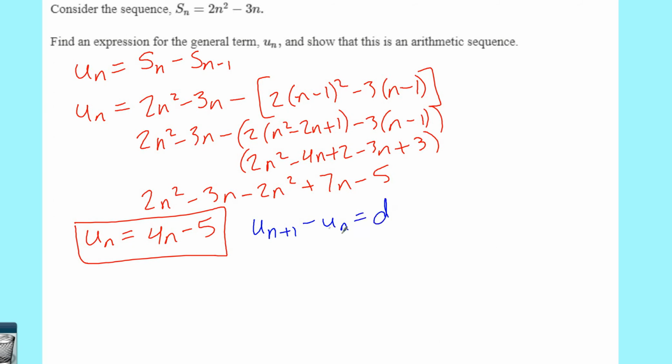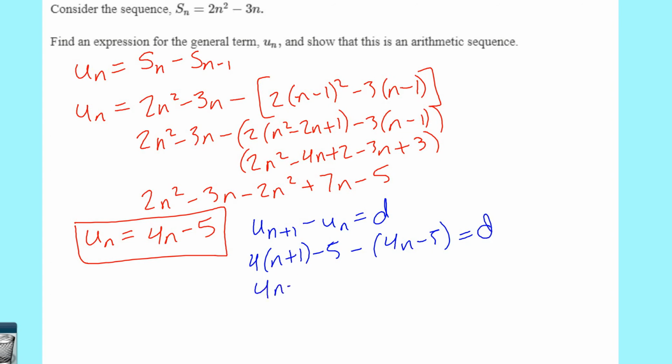So the fifth term minus the fourth term is going to be the difference, right? So what is the n plus 1 term? Well, that's just 4 times n plus 1 minus 5, minus the nth term, 4n minus 5. And that should be our difference.